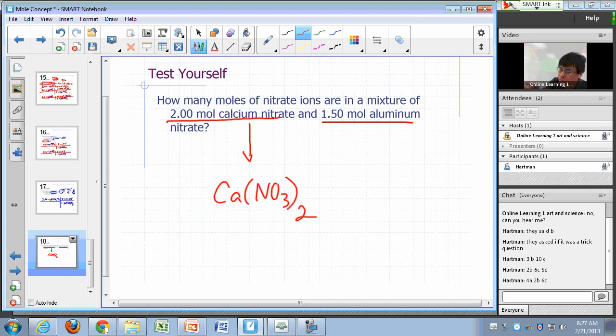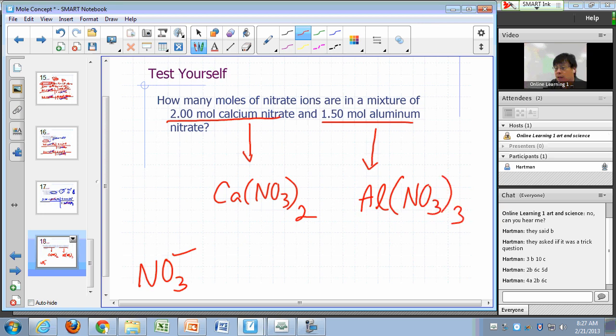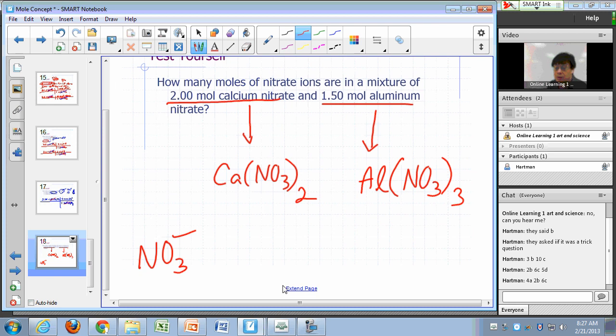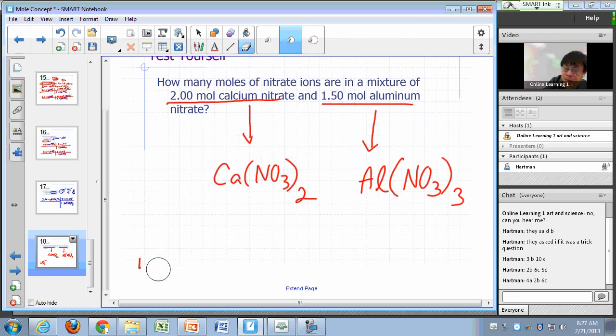Ca(NO3)2. And aluminum nitrate is, aluminum is plus 3, and if you remember, nitrate is NO3 with a negative 1. Al(NO3)3.